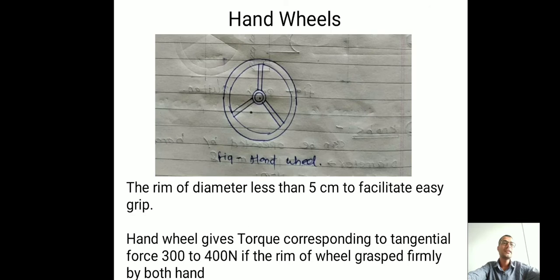It should be easily gripped by 2 hands. So while designing hand wheel, we have to design the diameter less than 5 centimeter, correct? Then we can operate that hand wheel easily.